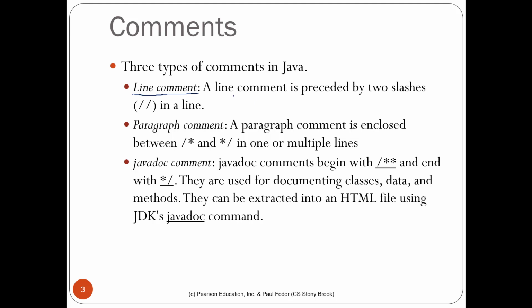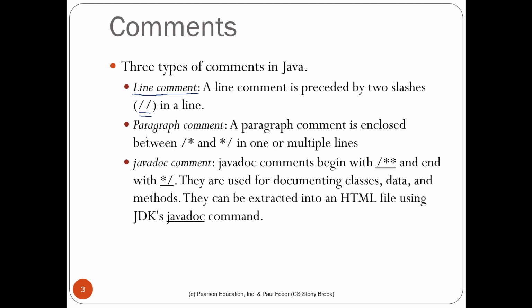If there is a statement that you want to comment out, or a comment that is confined to just one line, then you should use two forward slashes. Whatever you write after the two forward slashes becomes a comment, confined to just one line.